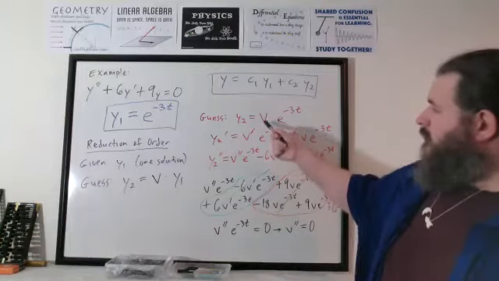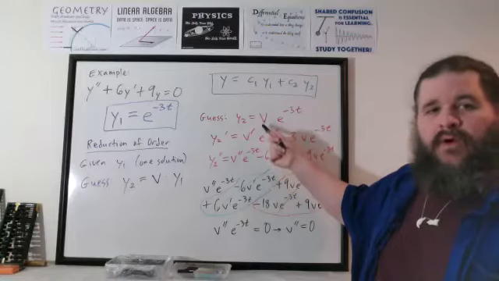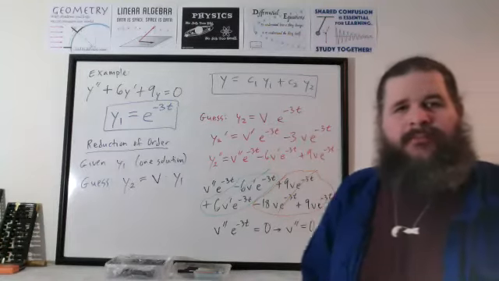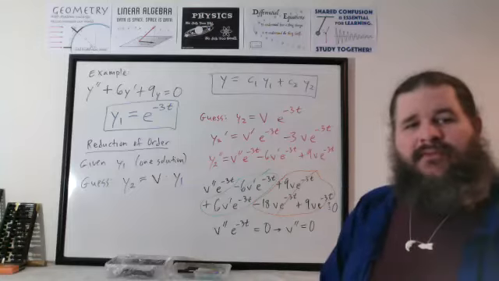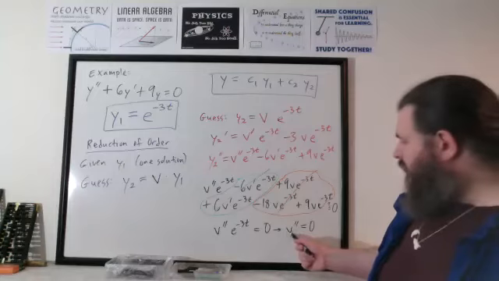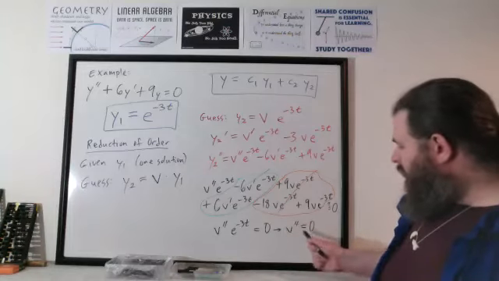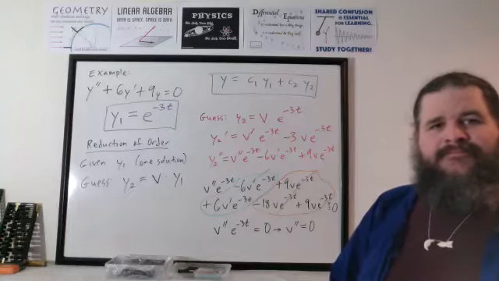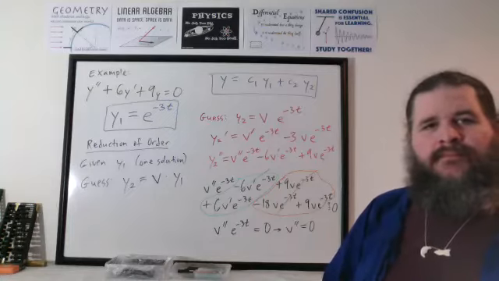In other words, the only way this guess will work, and it will work, but the only way it works is if v is a function whose second derivative is 0. So now that gives us some information about v. It still looks like it's second order, but since it's just v double prime equals 0, how could you get rid of one of those derivatives? Can you find the antiderivative?